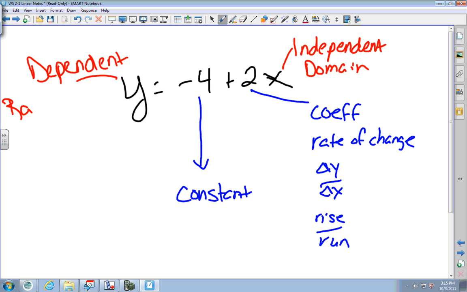Dependent is called the range. We have x being the term number and y being the value. What other ones could I be missing? Can you think of any others? There are still more vocabulary words to come, but this should help us for right now.